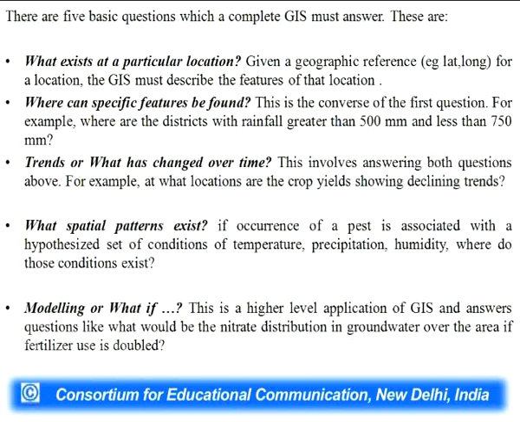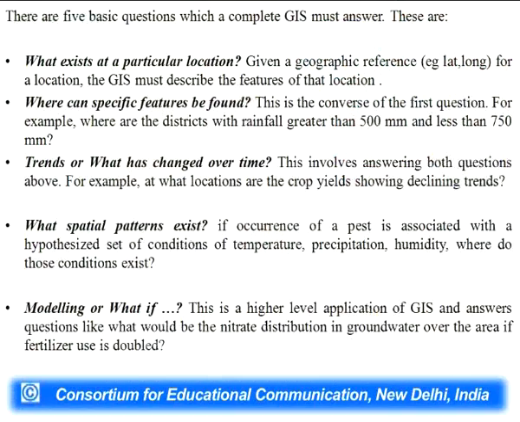We can also go for analyzing the trend of rainfall pattern. We can go for analyzing the trend of any other aspects with the help of remote sensing data, which is now readily available in India and in the global area also.